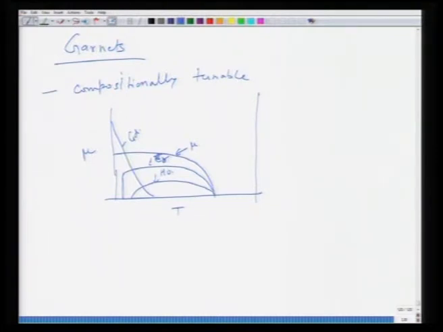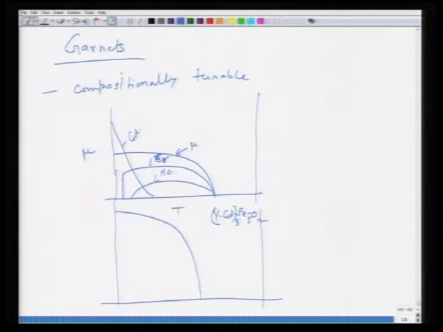So for instance, if you take a YGdFeO compound, which means yttrium and gadolinium substitute for each other, Y(3-x)Gd(x)Fe5O12, then for certain concentrations, if you take x equal to 0, which is your Gd equal to 0, then you get a window like this, and a Curie temperature of about 280 degrees centigrade.